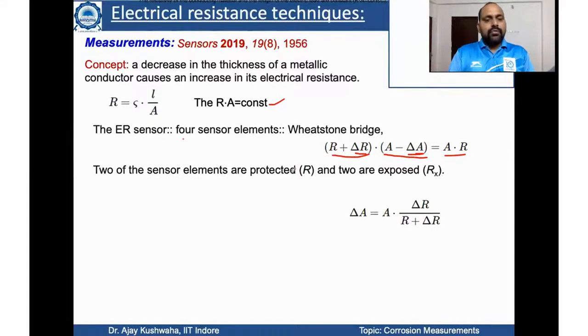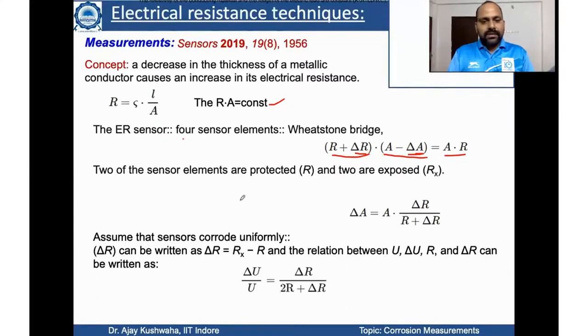And 2 of the sensor elements are protected, and 2 are exposed. So basically now the difference, and so delta A we can say from this equation, it can be written as A into delta R by R plus delta R. Means if we know the change in the resistance and we know the resistance at the beginning, then we can calculate delta A, and all these quantities are known.